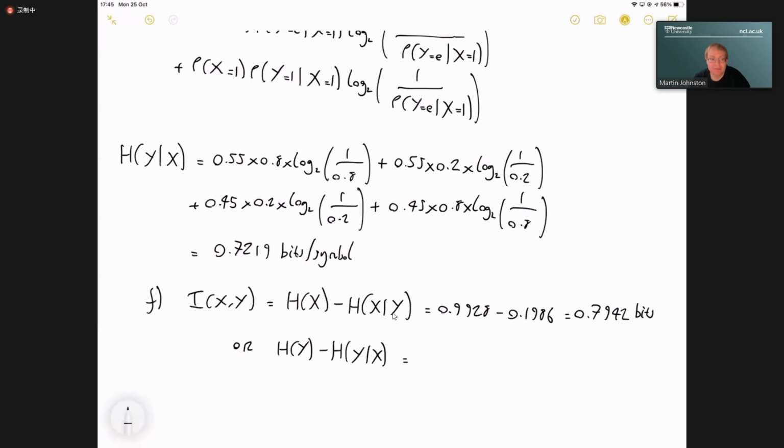Now, if we look at the other one, H(Y), we calculated that to be 1.5161. And then H(Y|X), we just calculated to be 0.7219, and you subtract that away, and again you get the exact same answer, 0.7942 bits. There are 2 different ways of calculating the mutual information.